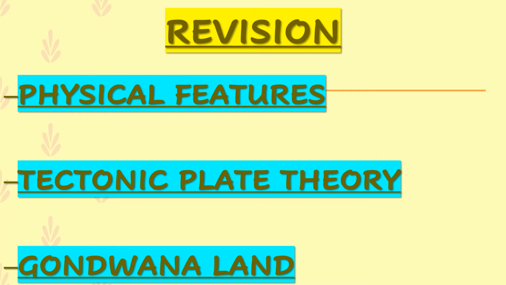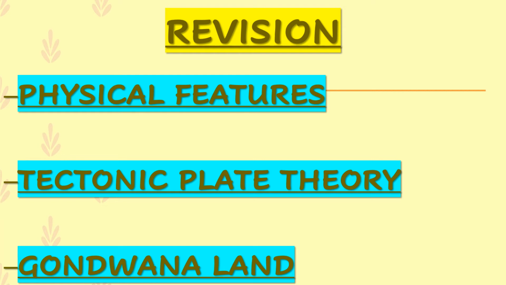Yes, then we learned about the plate tectonic theory. How do these plates work beneath the earth, that is in the lithosphere, and due to that what activities take place above the earth. Clear?